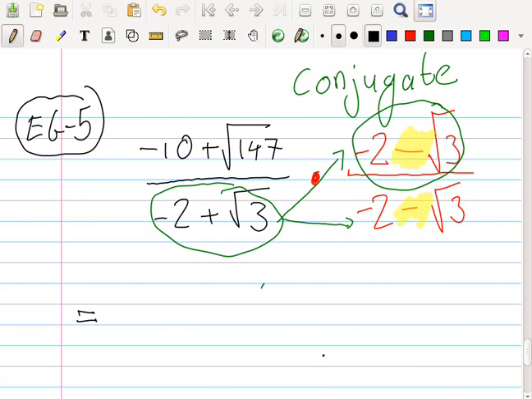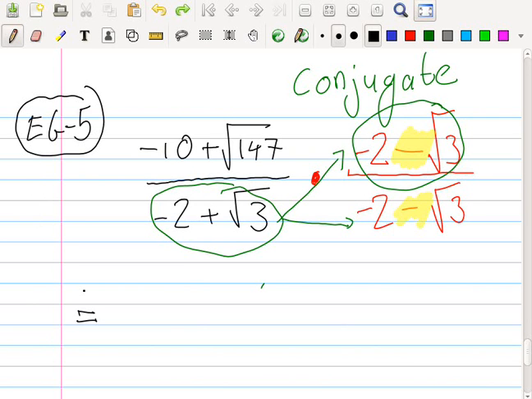So rationalize is the verb, and to rationalize means to multiply the top and bottom by the conjugate of the denominator. What's the name of the top line called? Numerator. Denominator.